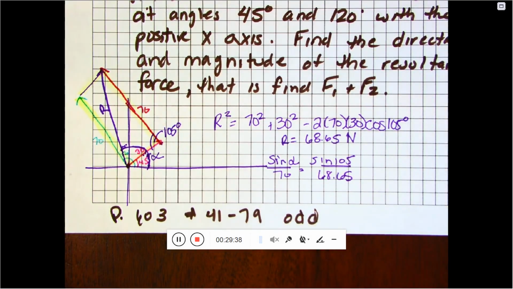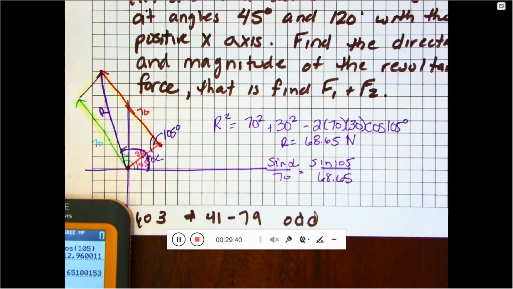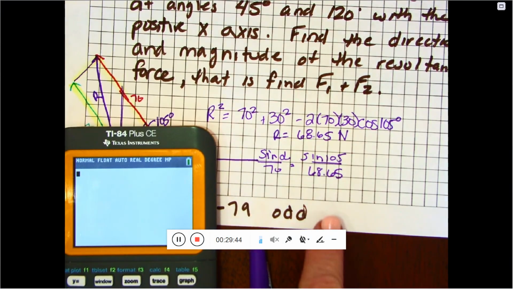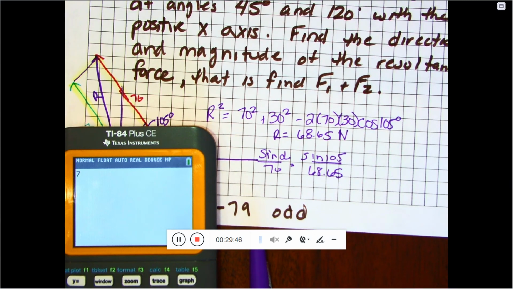Okay, so using our law of sines, we can figure out what alpha is. So I'm going to do 70 times the sine of 105, and I'm going to divide that by 68.65. Remember, that's the sine of alpha, so I have to do sine inverse.